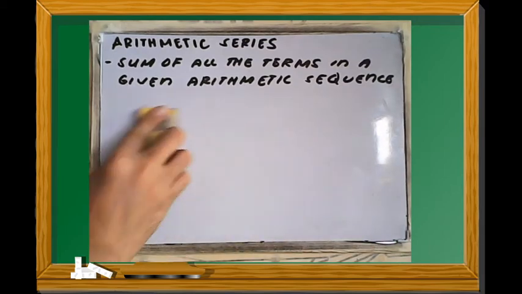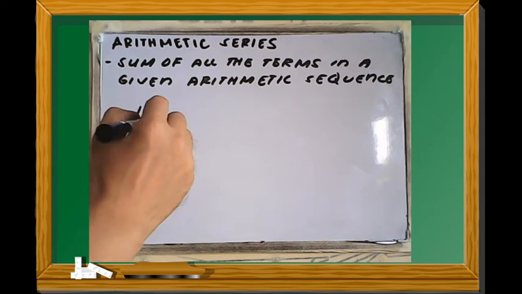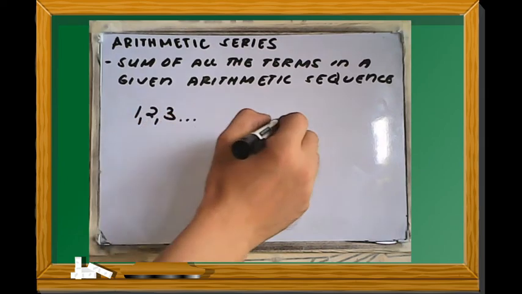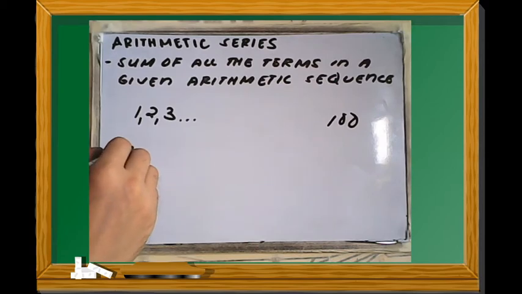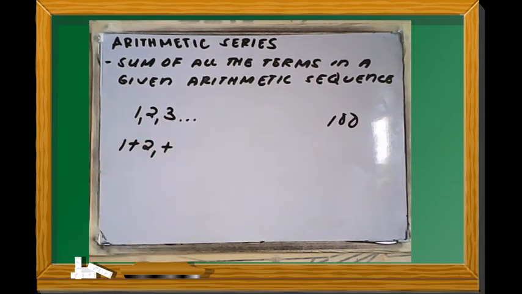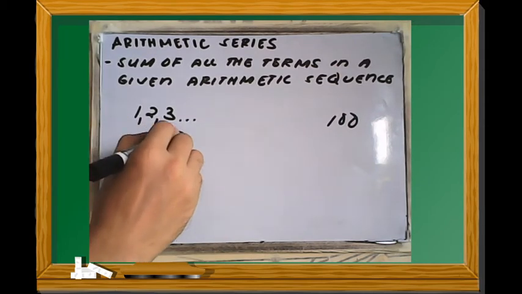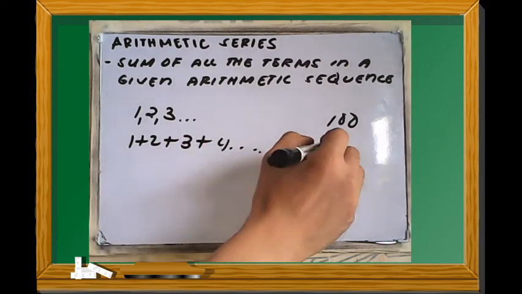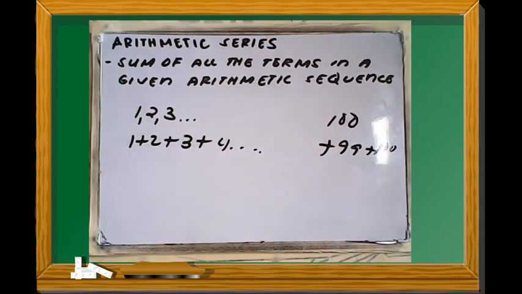But it is not always that easy, because what if the given is 1, 2, 3 up to 100? You have to add 1 plus 2 plus 3 plus 4 up to 99 plus 100.